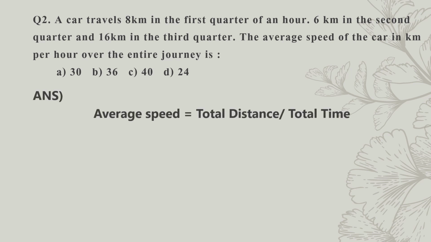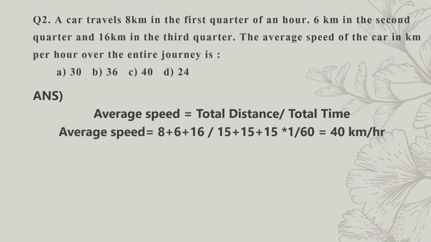The equation for average speed is total distance divided by total time. Here the total distance is obtained by adding all the given journey distances, which is 8, 6 and 16, and the total time is taken as 15 plus 15 plus 15 minutes, because in this question it is given that the first quarter of an hour means 15 minutes, the second quarter means 15 minutes, and the third quarter also means 15 minutes, hence 45 minutes in all.